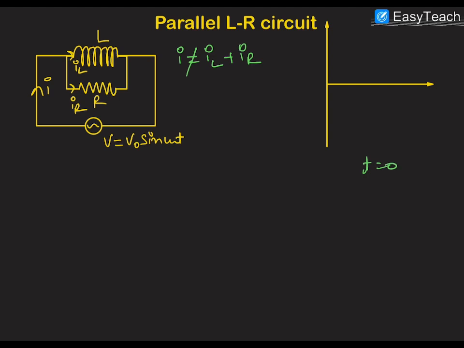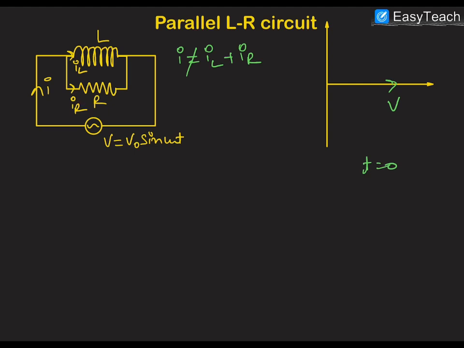So first of all, we know that in a parallel circuit, voltage is the same. So the voltage across the resistance and the voltage across the inductor is the same, and it is equal to the net voltage. And hence we consider the voltage as a reference and we place it on the x-axis. Now we know that the resistance has a current which is in the same phase as the voltage.